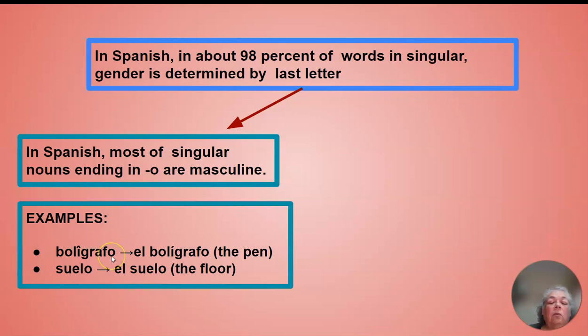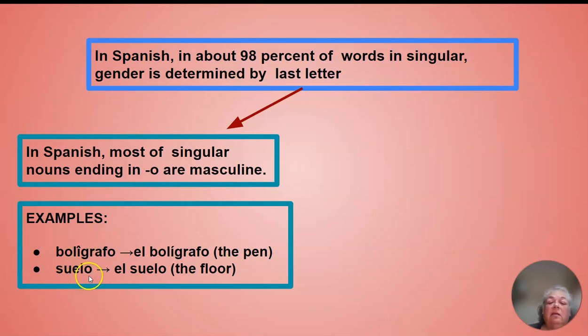It ends in O. That makes it masculine. And to use the definite article, we need to use the masculine definite article. Remember, we're just using the singular ones today. So it will become el bolígrafo. That means the pen.